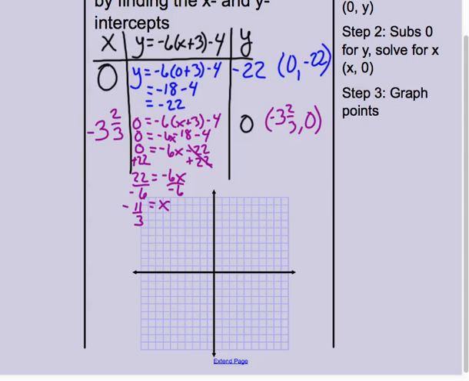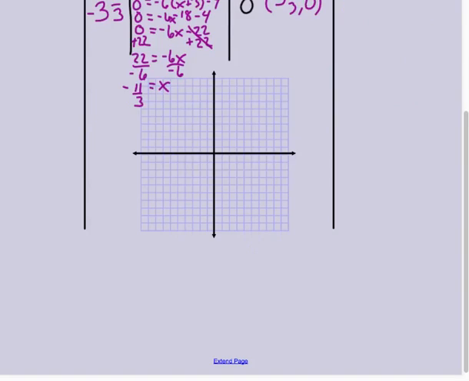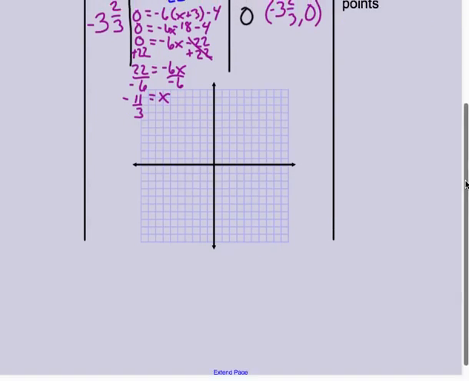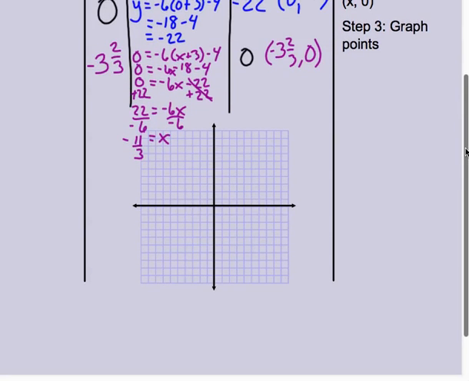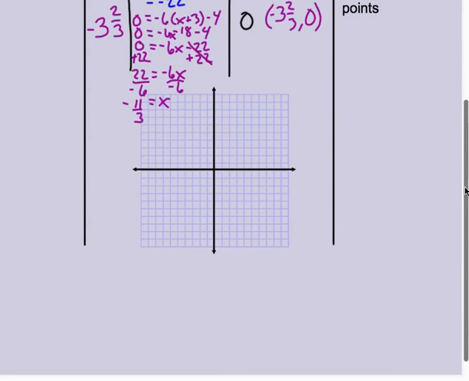Now, first of all, this negative 22 isn't going to fit on my graph, so I'm going to have to scale my graph a little bit differently than by 1s. And because I know it's a 10 by 10, I'm going to go by 2s and let it hang off my graph a little bit. So that's my y-intercept. So I'm going to call this negative 20. So my y-intercept will be about here at negative 22.